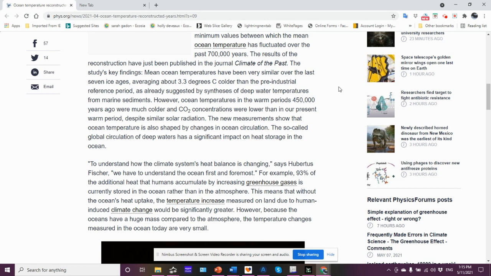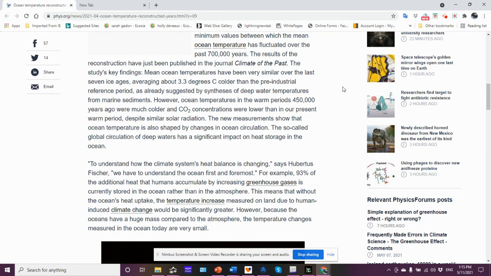But the ocean temperatures of that interglacial period from 450,000 years ago were colder than today's ocean temperatures, and the CO2 concentrations were lower than today's. I want to clarify that so everyone's clear on that point.